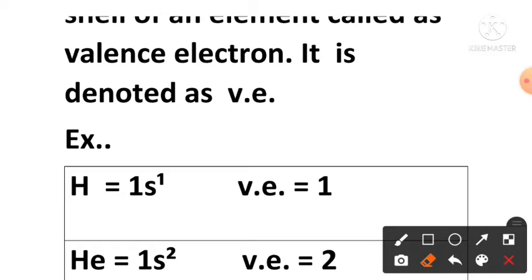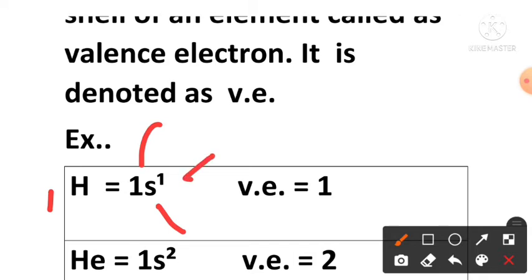Now look, first hydrogen. We know that Z of hydrogen is 1. Then we write its electronic configuration 1s1. Here 1 denotes the shell, s is the subshell, and 1 is the number of electrons.